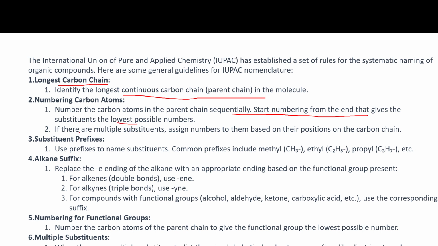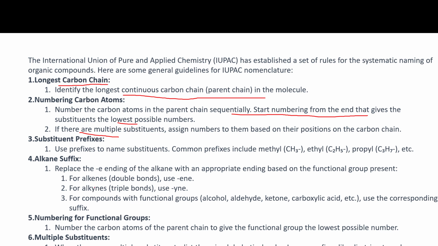If there are multiple substituents, we assign numbers to them based on their positions on the carbon chain. Then the substituents form the prefix, that is, what substituents are present in the main chain. Then there will be the suffix, like which functional group is present in that main chain.